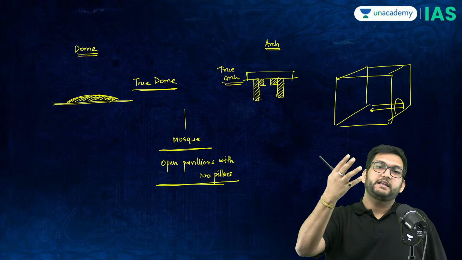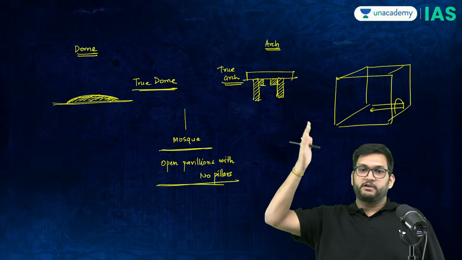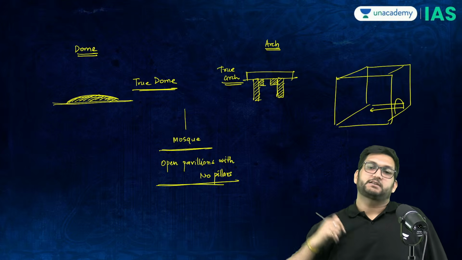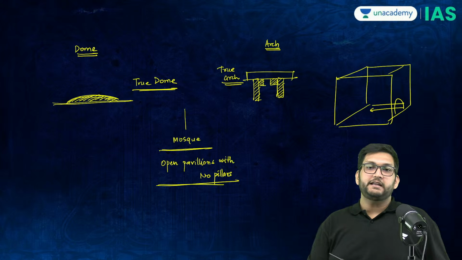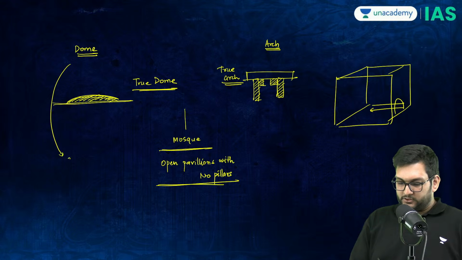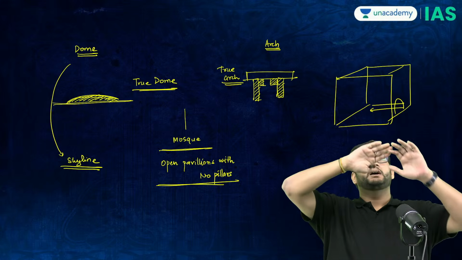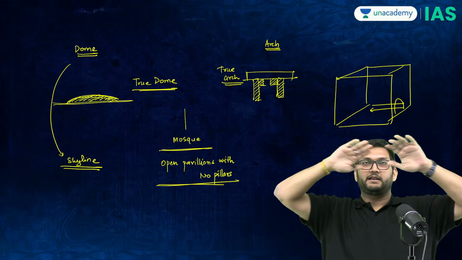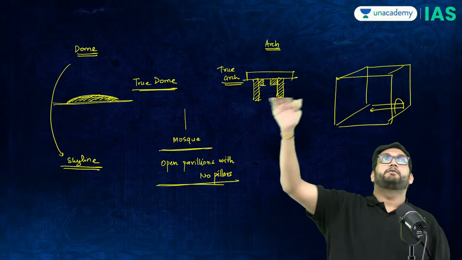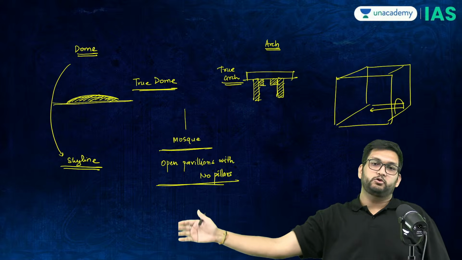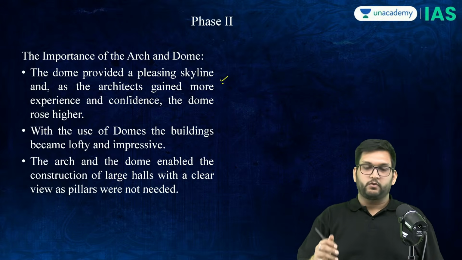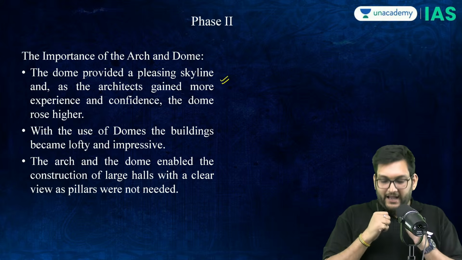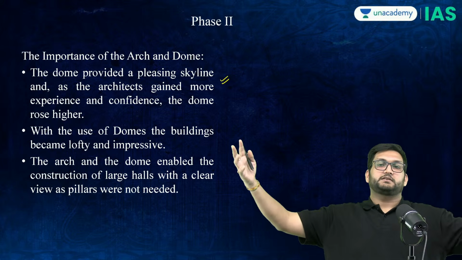If there are pillars in between, it is not an aesthetic structure. And within Islamic understanding, the dome is considered to be like the skyline, how the earth is in a way engulfed by the dome. The whole sky looks like a dome itself. That is where that understanding comes through, that we want to have a pleasing skyline and open structures.